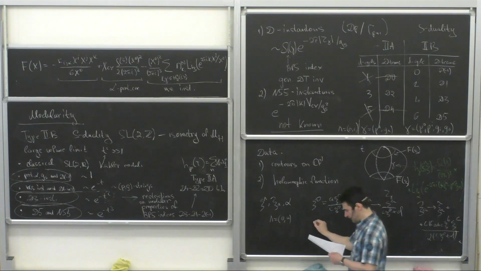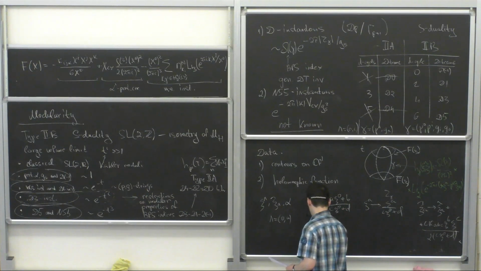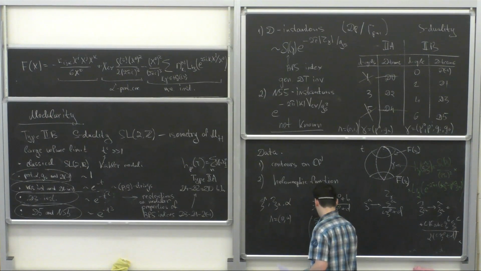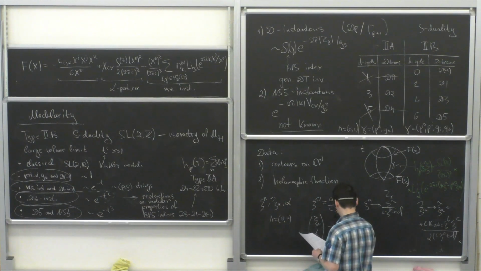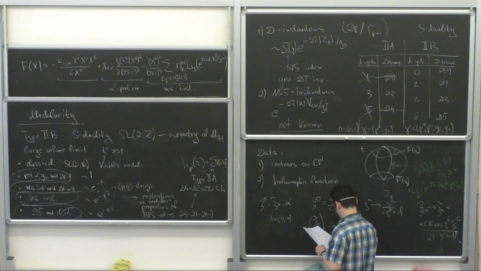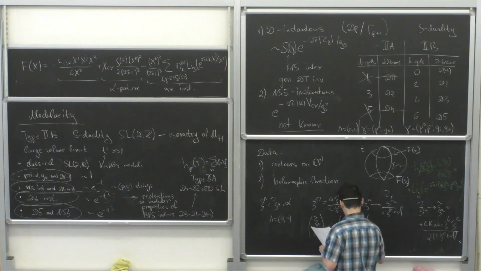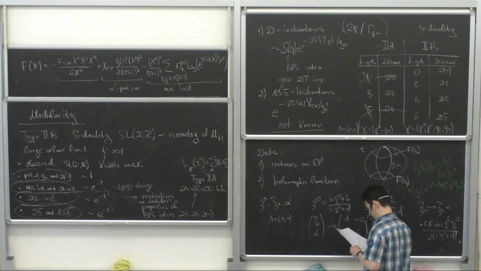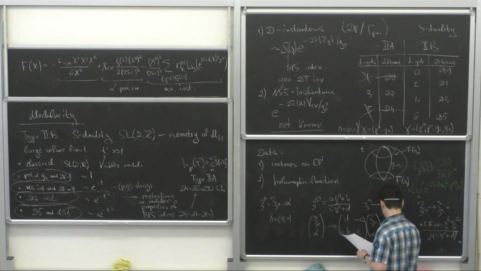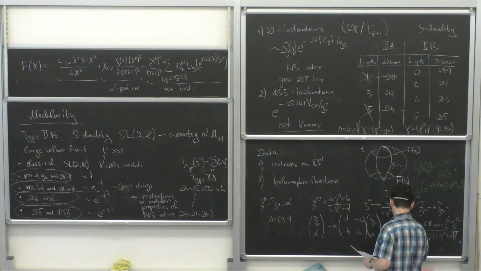And finally, psi tilde 0 and alpha transform like a doublet, with D minus C minus B C, psi tilde 0 alpha, plus some nonlinear terms, which I will not write.